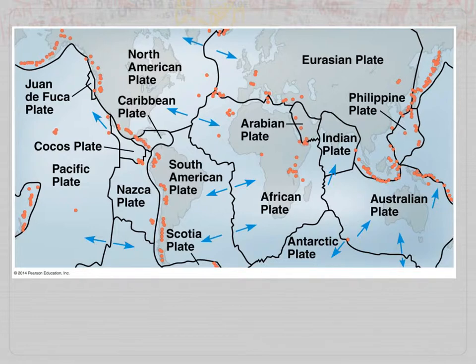And then we can also see all of the red dots, which would be zones where we have violent tectonic activity. So right along the Juan de Fuca plate, over here, there's going to be lots of earthquakes and activity. So everywhere you see those red dots.